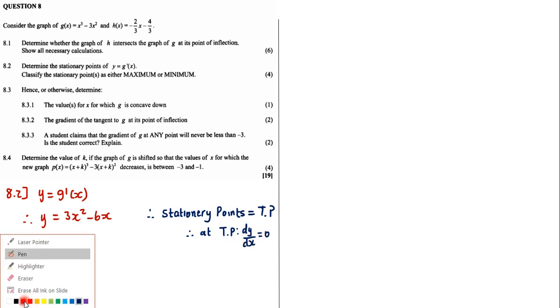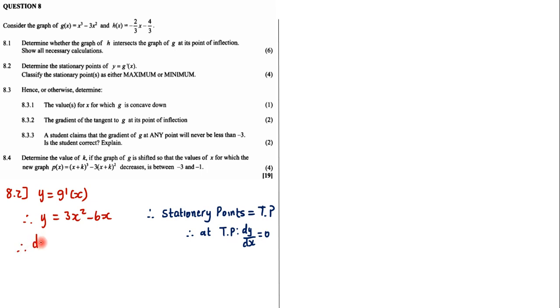So basically what we're going to do is calculate our derivative, and we will see that it is 6x minus 6. Therefore we will say our derivative is equal to 0, so 6x minus 6 equals 0, and then 6x will be 6, and dividing both sides by 6, x will be 1, right?